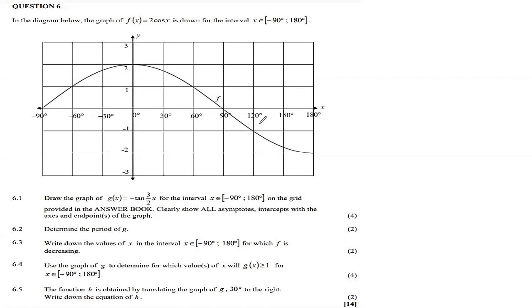Right. Okay, so obviously for this one, you're just going to grab your calculator and punch in this equation on table, and then you start at -90, you end at 180 degrees, and then you use your step as 30 degrees. As you can see there's an interval here of 30 degrees.